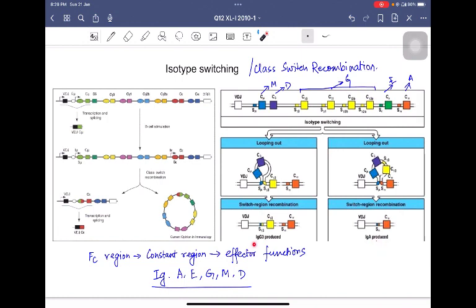Here we can see the production of IgG3, and here we can see the production of IgA. So this is how isotype switching occurs, because of this particular process of class switch recombination, and this process generates the different classes of the antibodies.